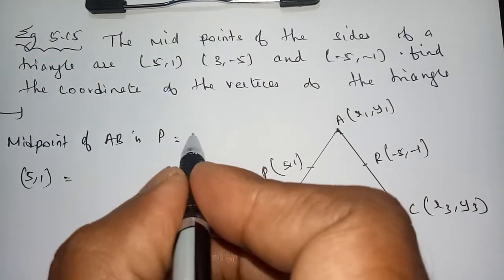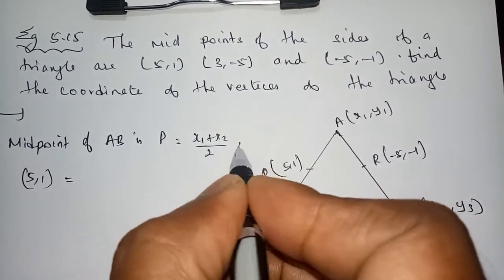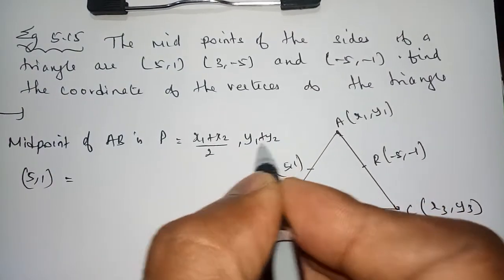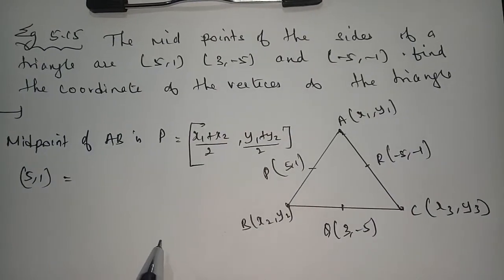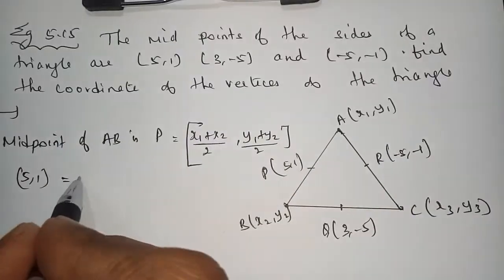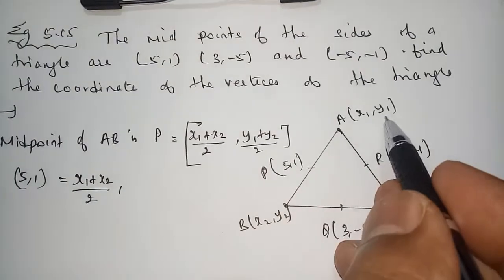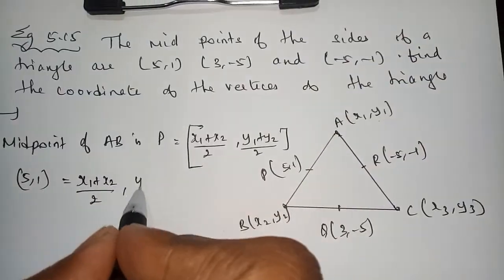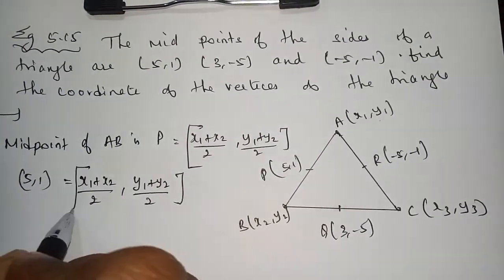Our formula is ((x1 plus x2) divided by 2, (y1 plus y2) divided by 2). So we can write (x1 plus x2) by 2, (y1 plus y2) by 2.